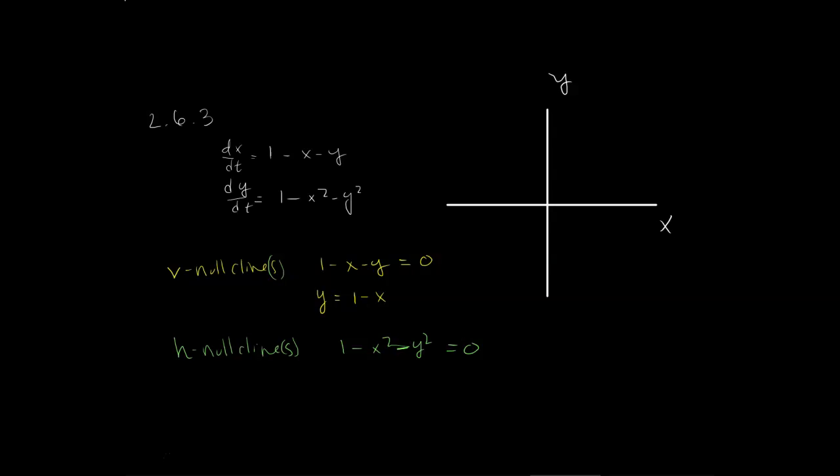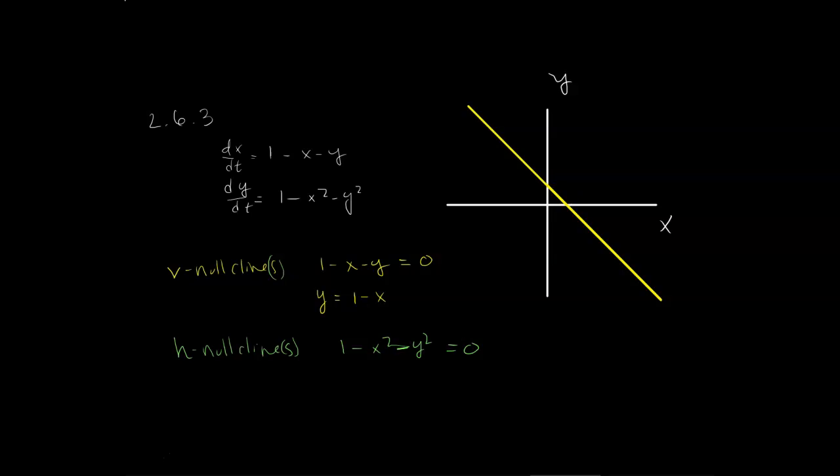That's given by this line, which goes through 0, 1, and then has a negative slope. So it goes something like this. And maybe I should go back this way as well. So if that is your 1 or 0, 1, 1, 0, so there's your V null line.